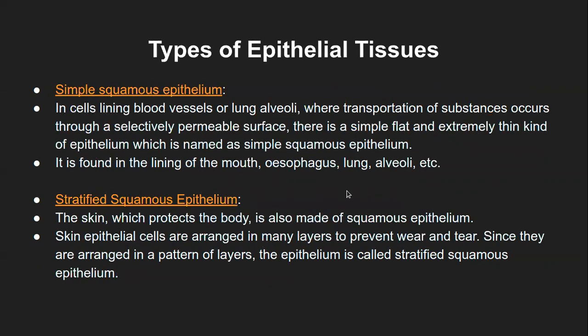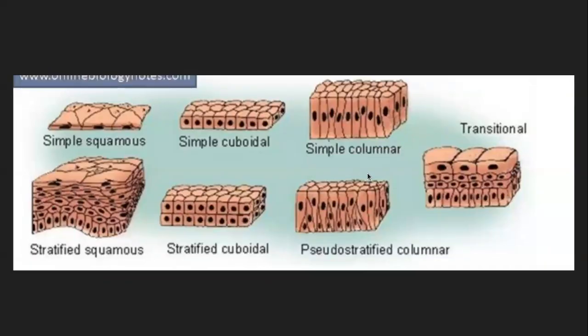There were four types of the epithelial tissue that we had seen. I'll go back to the diagram and show you. Simple squamous epithelium, stratified squamous epithelium, and then cuboidal epithelium and the columnar epithelium. Again, in these two also, we have a stratified layer. With columnar, we have pseudostratified because it looks like a layer, but it is not actually in different layers.